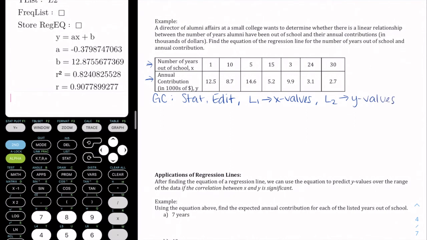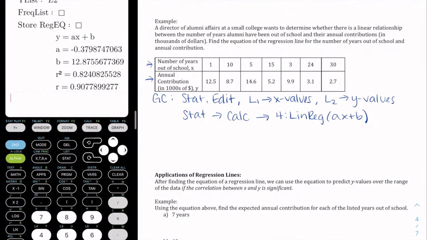And then we're going to go to Stat, go over to Calc, and then go to number 4, LinReg(ax+b). Okay, so I still have that on my screen over here on the left. So notice it says y equals ax plus b. So here your a is your slope.